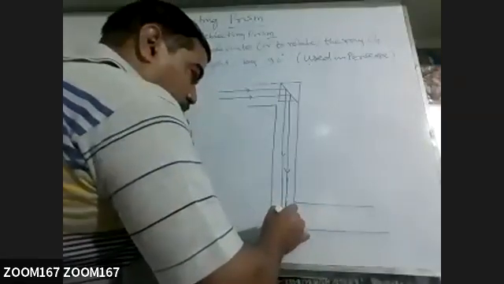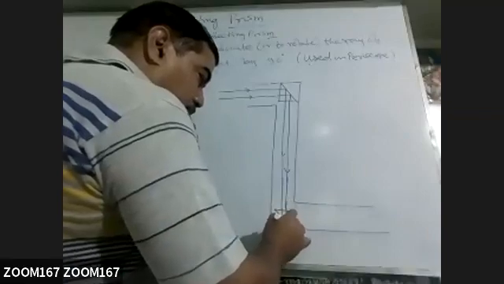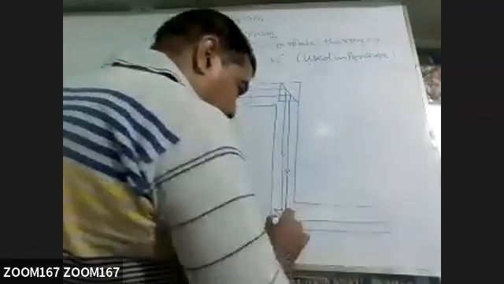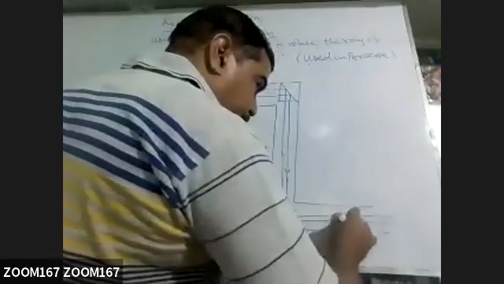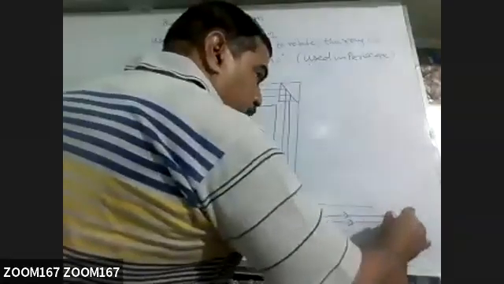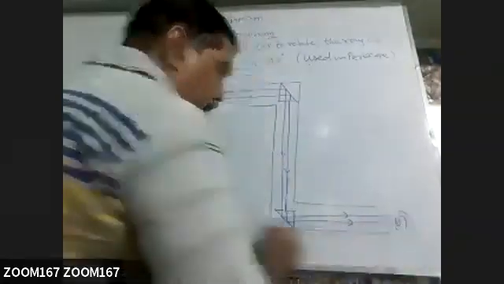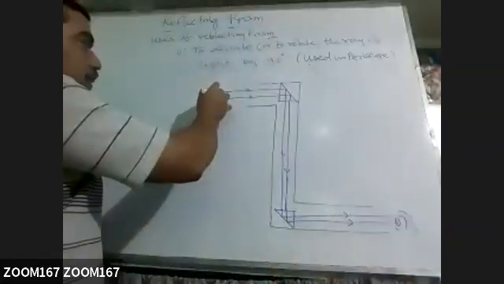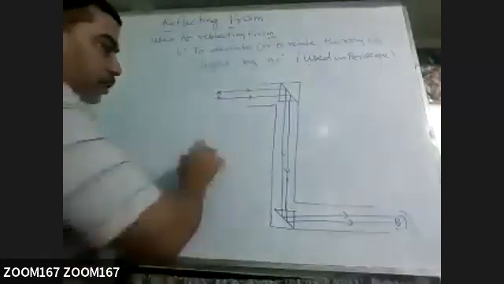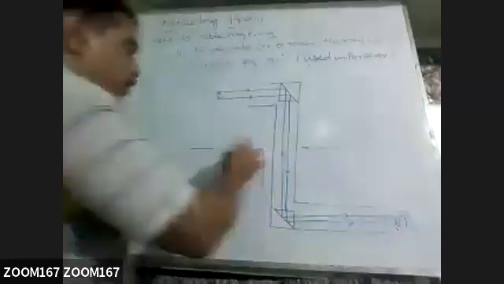So it will be incident like this, and then again it is reflected. So when we see from here, the object which is here will be visible. Suppose this is inside that trench.